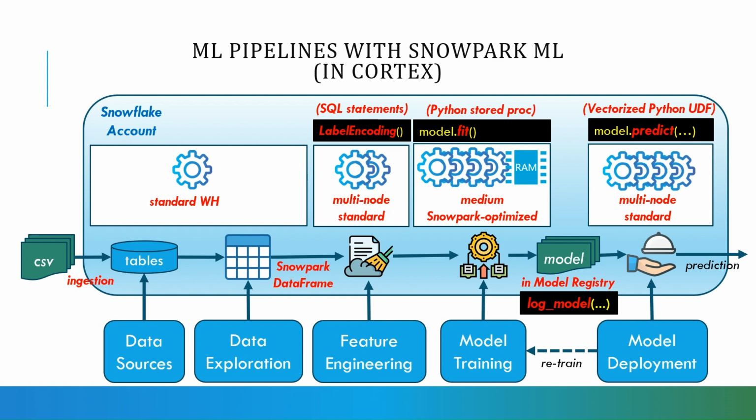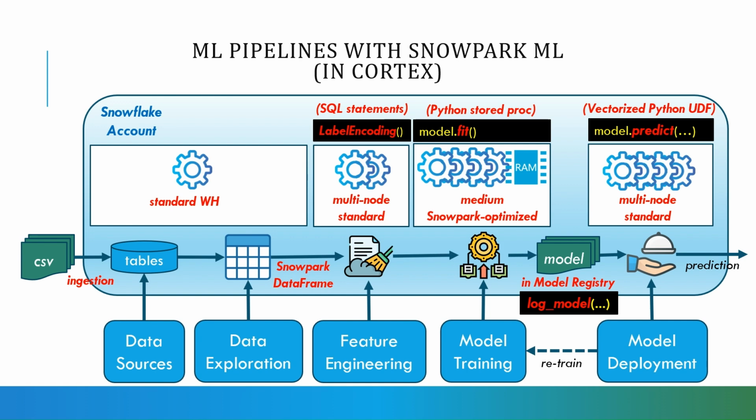For model training, the fit method is executed just like before in a Python stored proc, except that all this happens internally. From the outside, the fit method looks like a regular Python method, and it is a regular Python method. But inside, it will automatically deploy a stored proc and execute inside that stored proc. Just like before, it is recommended, depending on your data set, to use a Snowpark-optimized warehouse.